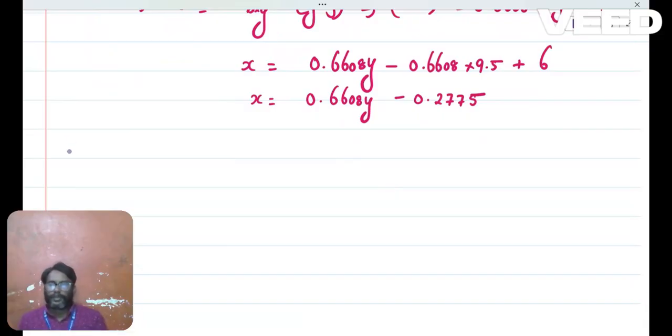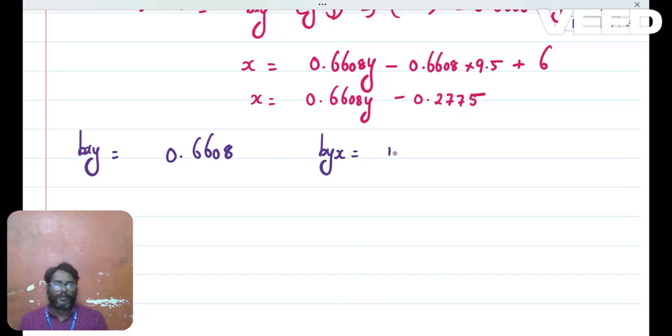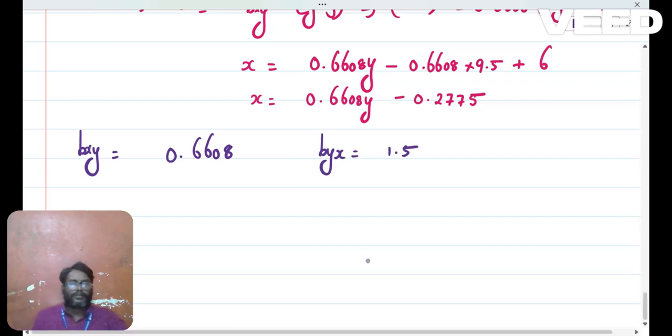So b of xy is equal to 0.6608, which is positive. B of yx is equal to 1.5. Okay.